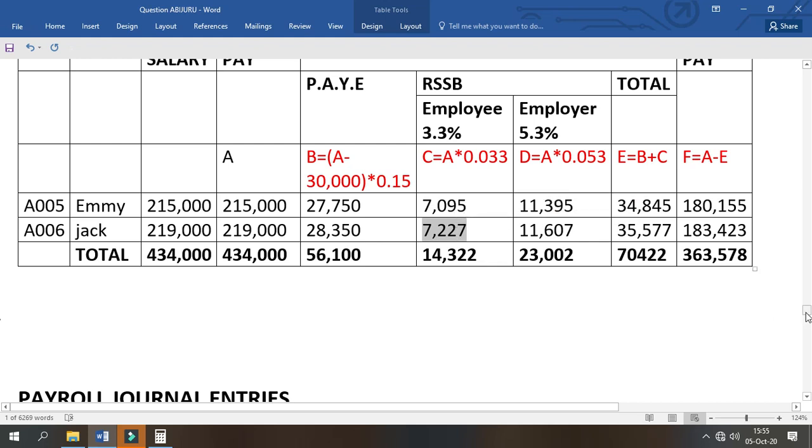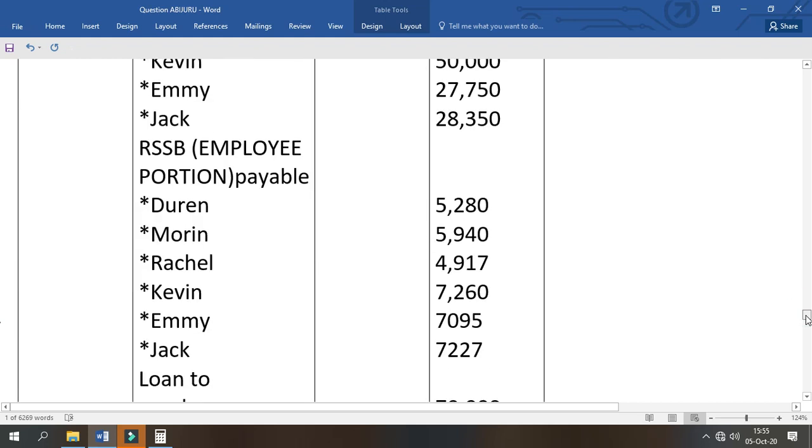This is the Rwanda Social Security Board contribution payables, employee portion, which is this.